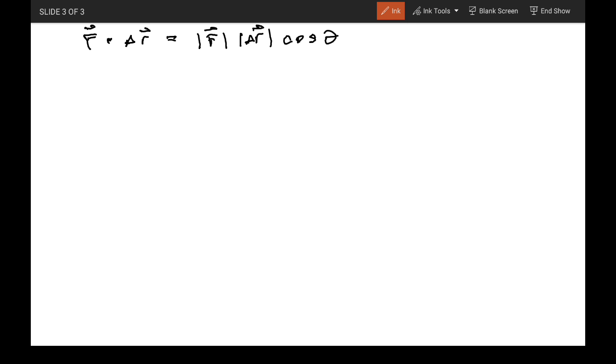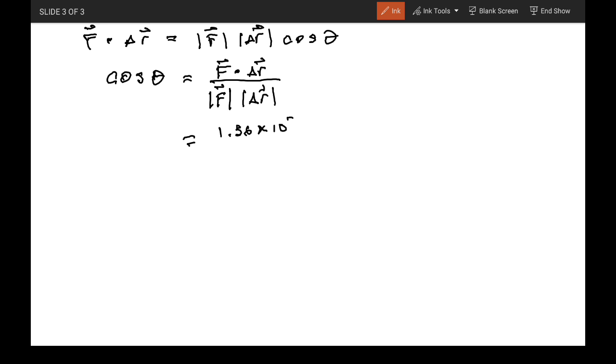And so I'm going to solve for cosine of theta. That just looks like the dot product divided by the product of the two magnitudes. We know what those two numbers are. So we have 1.36 times 10 to the minus 19 joules divided by 2.7 times 10 to the minus 19 joules.